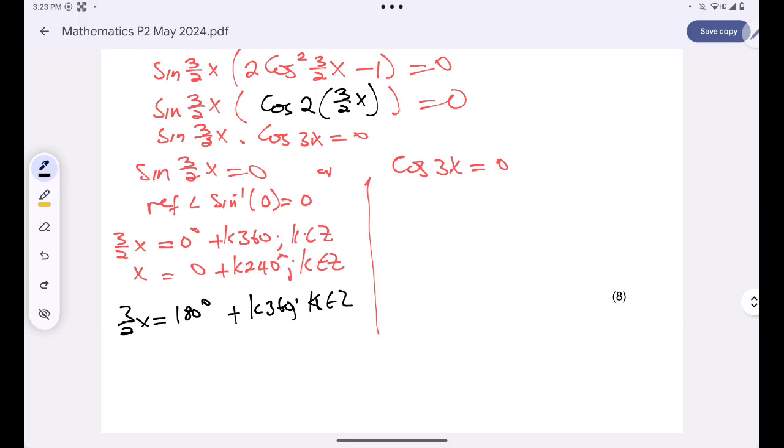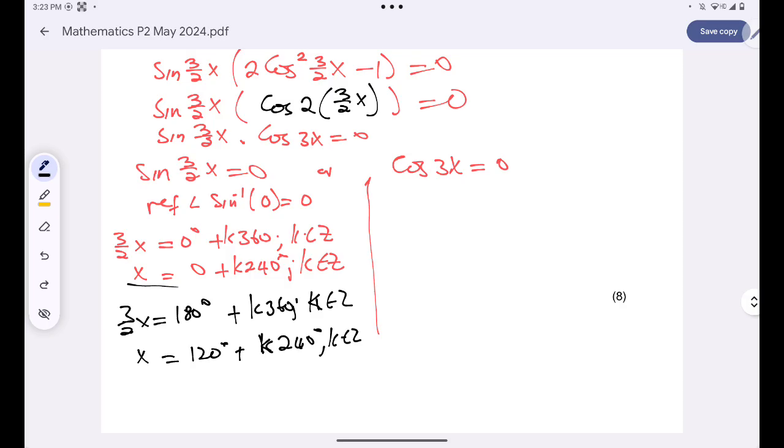So I must divide everything by 3 over 2, so that x will be equal to 120 plus k 240, where k is an integer.